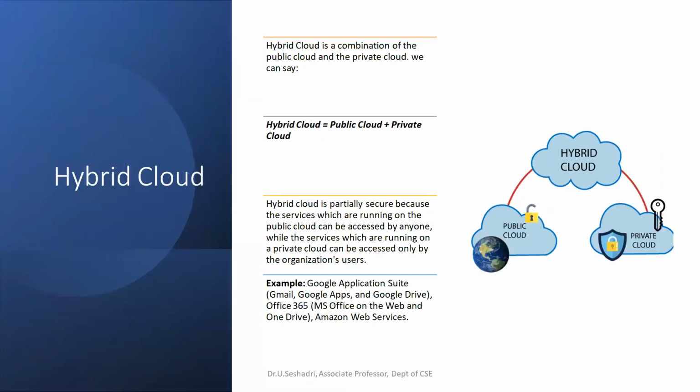And a hybrid cloud is, as the name itself suggests, a combination of public and private clouds. That's why we call it a hybrid cloud. A hybrid cloud is partially secure because the services running on the public cloud can be accessed by anyone, while the services running on the private cloud can be accessed only by the organization's users.